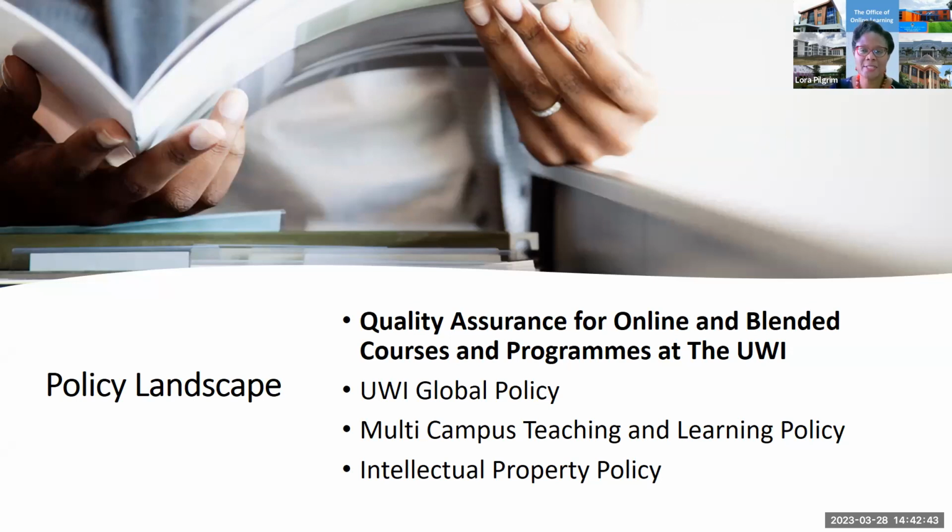There's the UE global policy if you're going to be asking Open Campus to deliver your course. If you have multiple faculty from multiple campuses teaching in your program, then you might want to be looking at the multi-campus teaching and learning policy. And you may also want to look at the intellectual property policy. So that's basically the policy landscape that we have here.